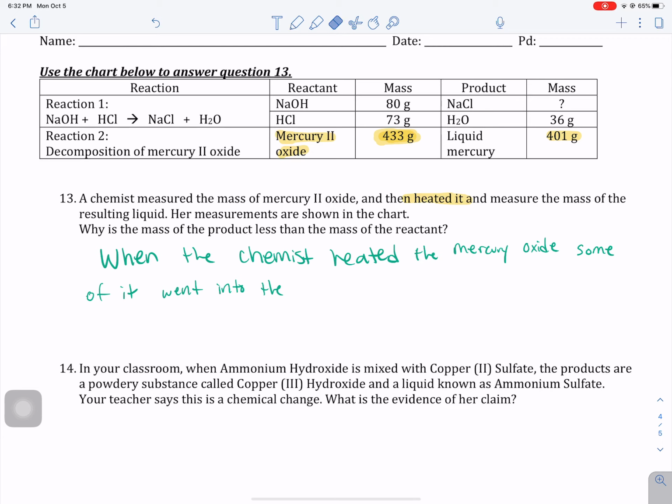Oops, sorry, I can't spell. Atmosphere, as a gas. So it was still there, but it just escaped. Okay, it escaped into the atmosphere.